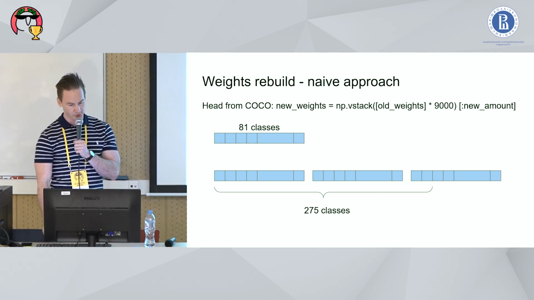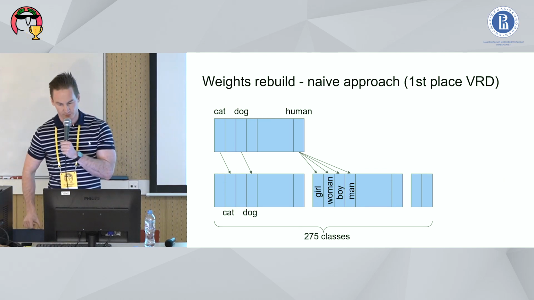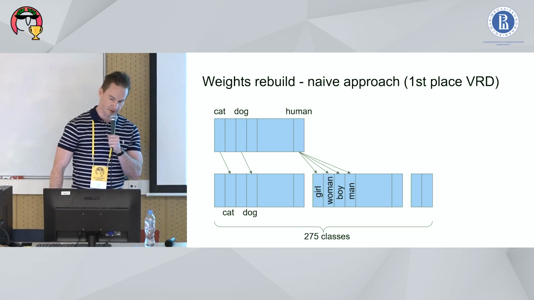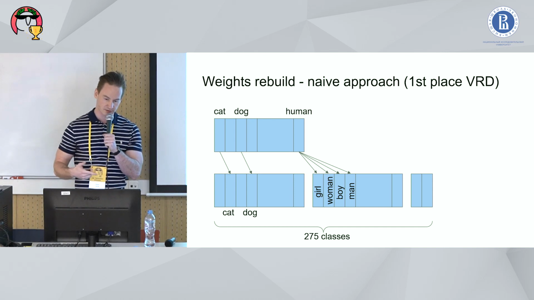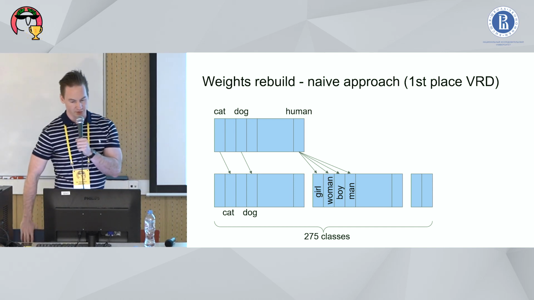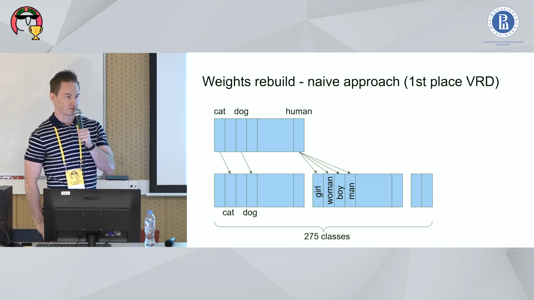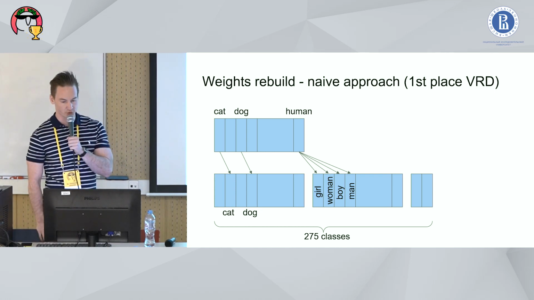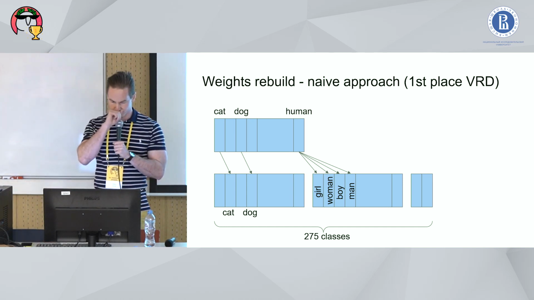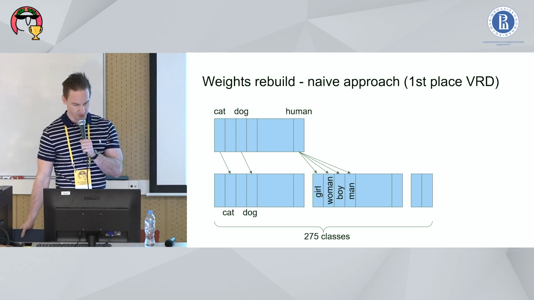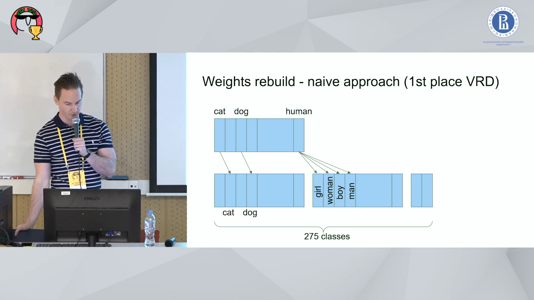But it's a very naive approach, and the first place from the visual relationship track used a more advanced technique. So you have some classes that correspond directly. For example, cat in the COCO dataset looks like cat in Open Images, obviously. But you also have some not direct classes, like human in COCO, and you have a more precise splitting of these classes in Open Images.